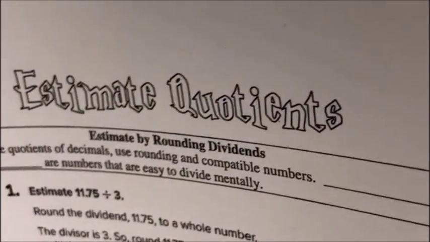On page 58, you're going to put in the one that says estimate quotients, and it's got try it problem A on it.